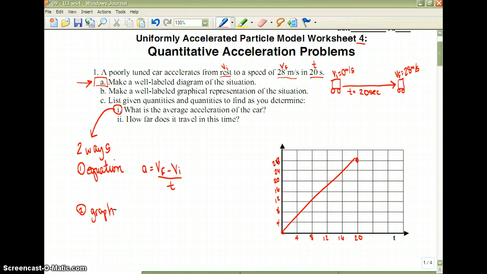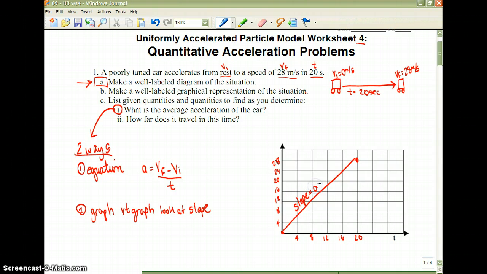With a velocity time graph, if we're trying to solve for acceleration, we look at the slope of this graph. For every part that deals with acceleration, you are given multiple ways to solve the problem, whether you plug it into the equation or find the slope of this line.